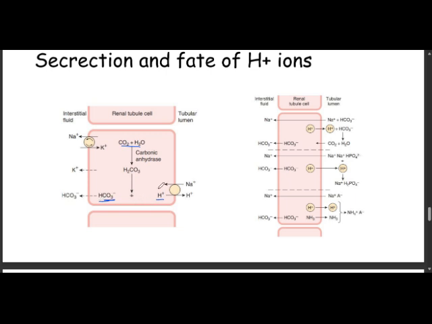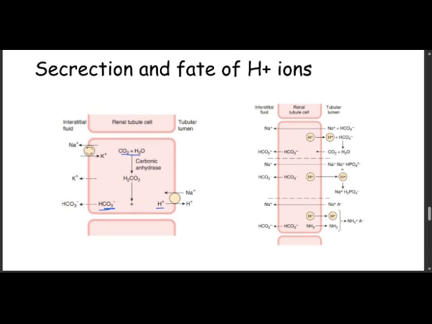The proton will be exchanged for sodium in the tubular lumen. So this is where the tube is, and this is where the interstitium is. This is the lumen of the collecting tubules there, somewhere there.